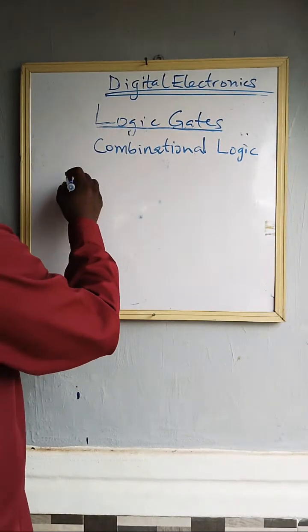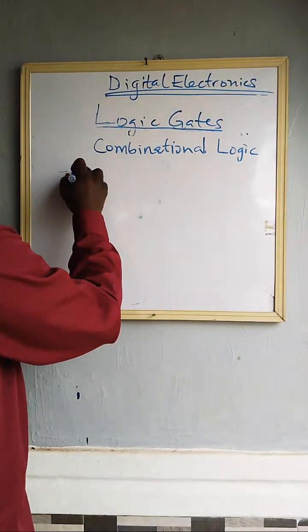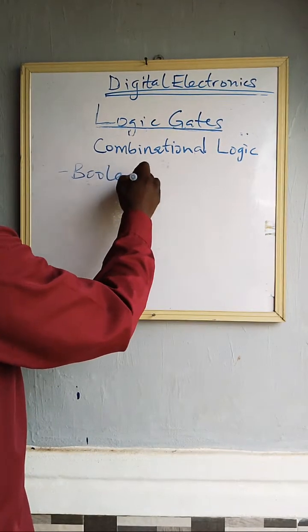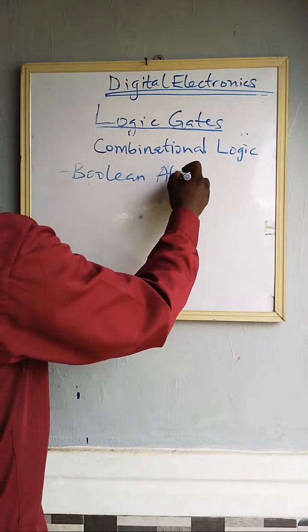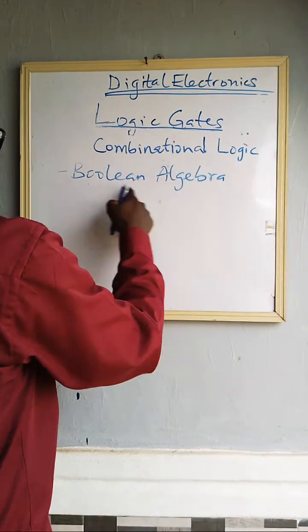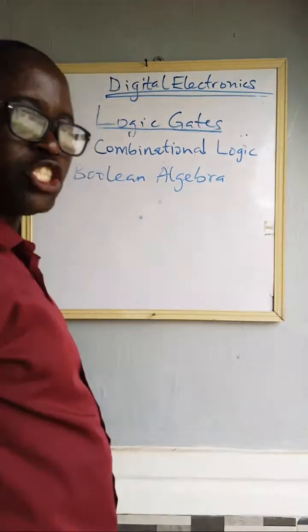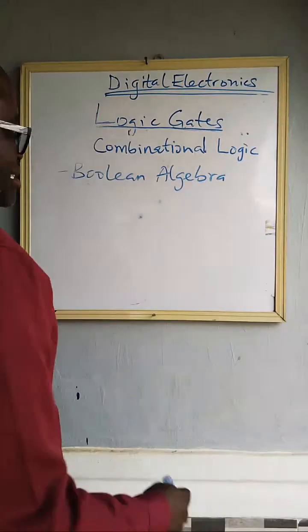So that is why I mentioned Boolean algebra. The combinational circuit will result in a Boolean expression that we can employ Boolean algebra to minimize.